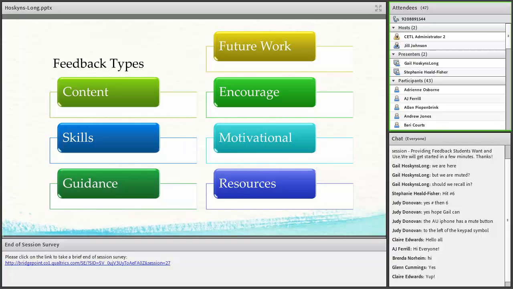They look for comments that tell them how they can improve their future work. We also found that students look for encouraging and motivational types of comments in their feedback, and they appreciate being directed to resources that would help them make the improvements we're saying they need to make.